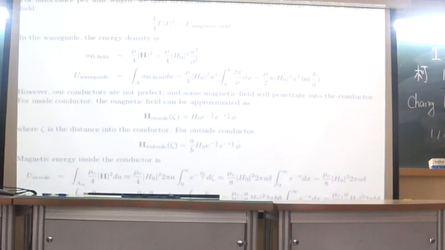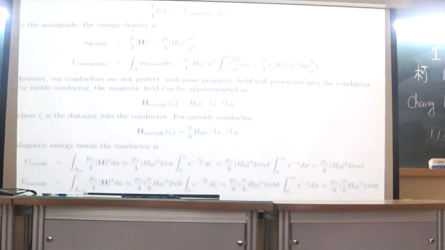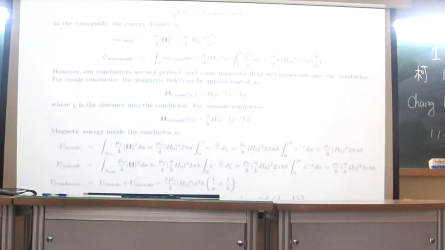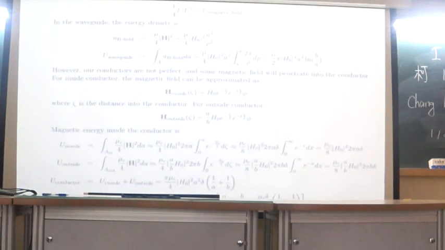Since we have two conductors, one inside at the center and another one outside, we need to calculate both the inside and outside magnetic fields.